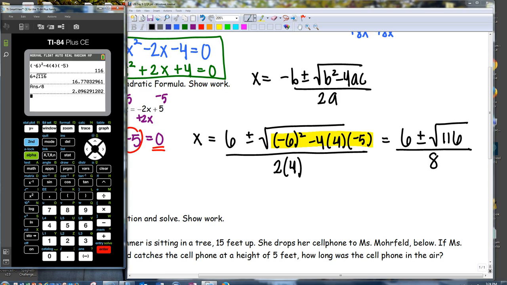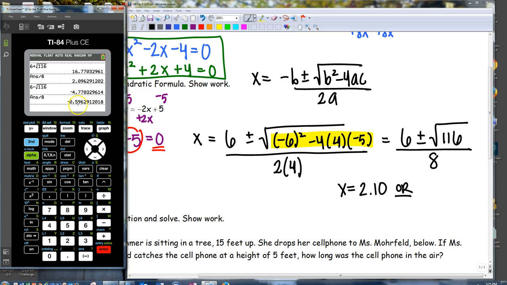And we're going to round this to the nearest hundredth. So when you round, you're going to go 2 in. So 2 in is 9. Go to the one right next to it. It's bigger than a 5. So 0.9 will round up to 10. So x equals 2.10, or, and now we do this again, 6 minus square root 116, enter, divide by 8.